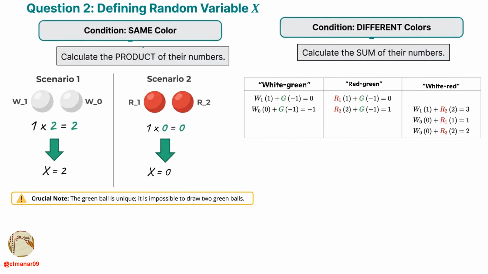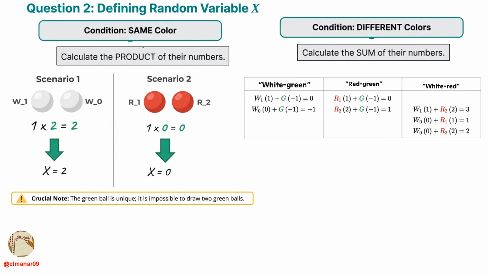Number 3, the second case, different colors, the sum. This is where our table gets very interesting. We're no longer multiplying, we're adding. White-green combination. If we take the white W1, number 1, and the green G, number -1, the sum 1 plus -1 gives us 0.